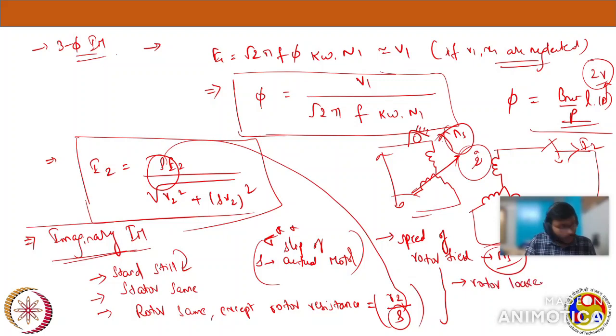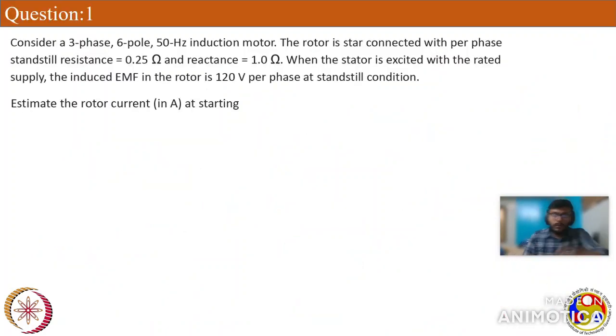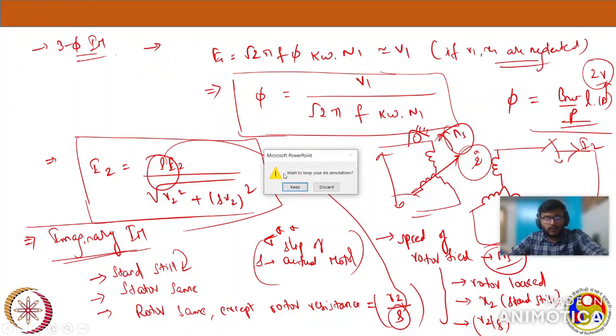I mean the rotor is locked, and my leakage reactance is X2, that is the standstill reactance, and my value of resistance is R2 by S. So these are the conditions of my imaginary motor. There exists a resistance, there exists a standstill leakage reactance, my rotor is locked, and the value of my rotor resistance is exactly R2 by S. I have calculated the R2 by S value by taking the slip of my actual motor.